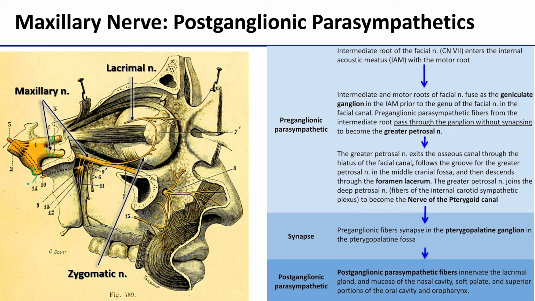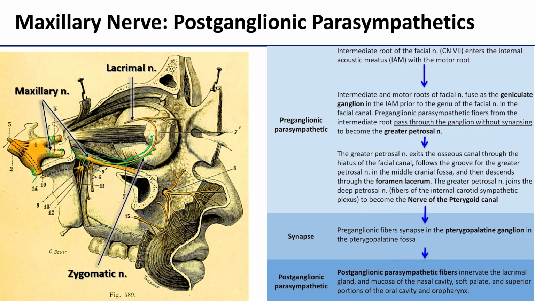So maxillary division or maxillary nerve exits through foramen rotundum from the cranial cavity, and it's moving anteriorly. And there is a branch of V2 known as the zygomatic nerve or the zygomatic branch. And that's heading up toward the orbit. And we have postganglionic parasympathetic fibers which hitchhike on that nerve and head up and distribute to the lacrimal gland.